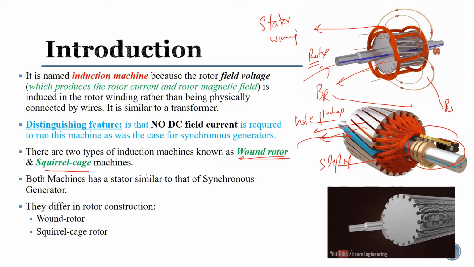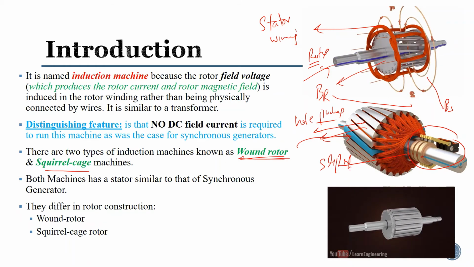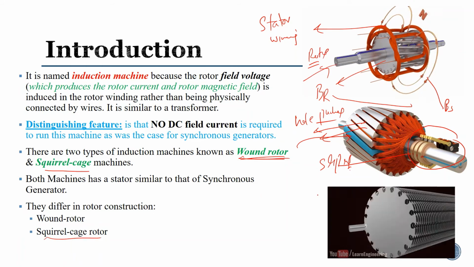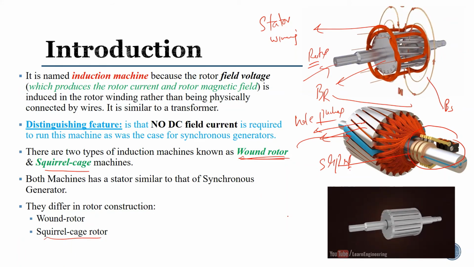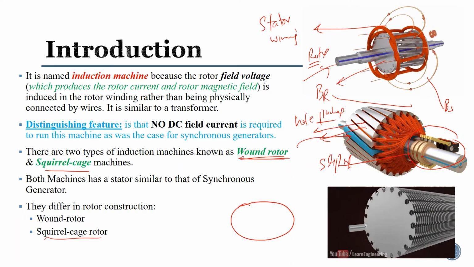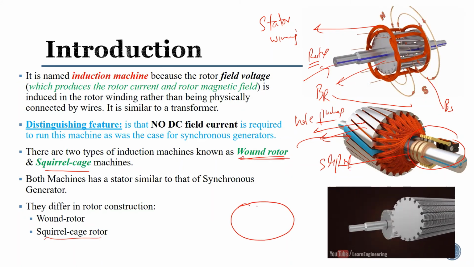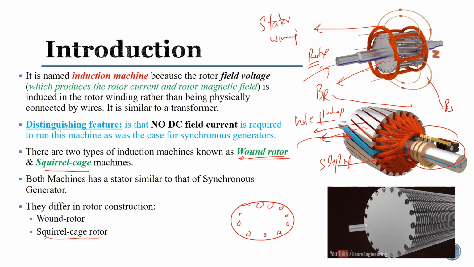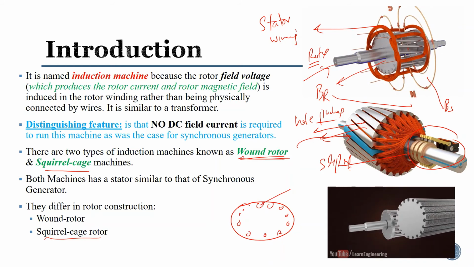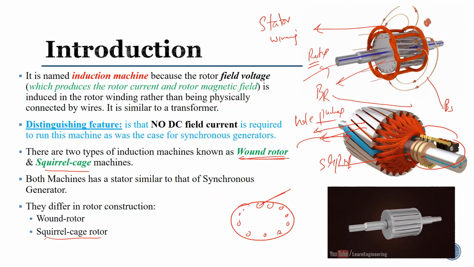The other type of rotor is the squirrel cage rotor. You have a core. For example, in the 2D view, you have this core, and in this core you make punches. Then you place the rods through them, like you can see here.